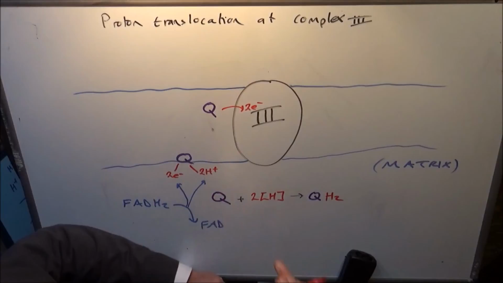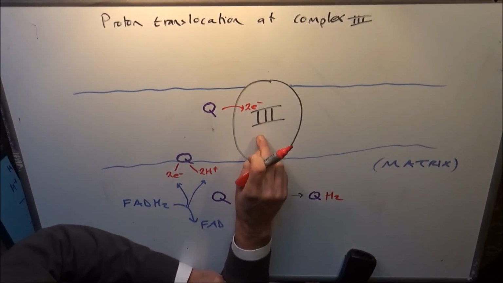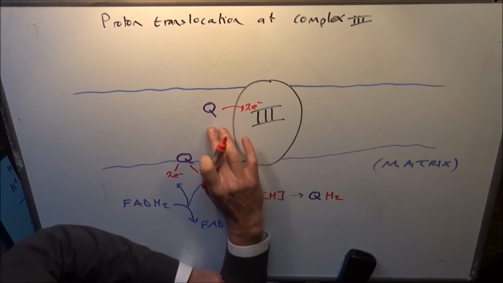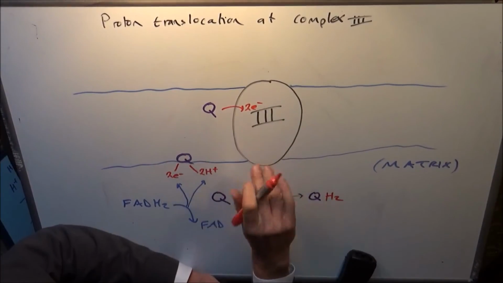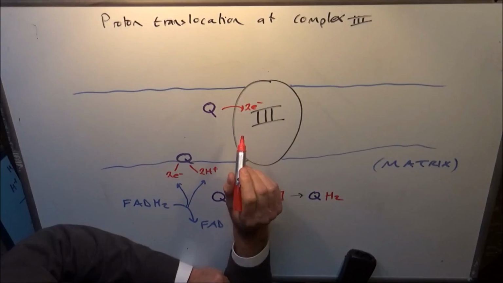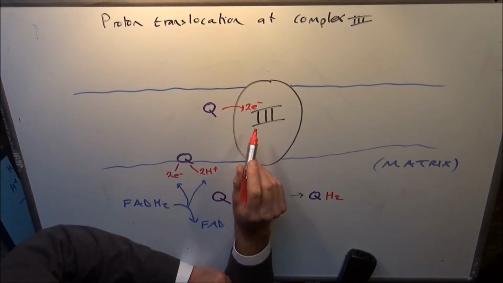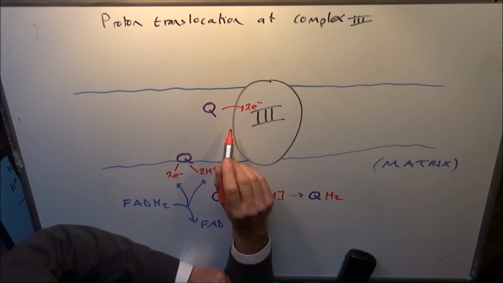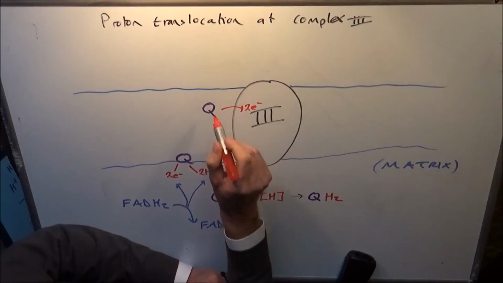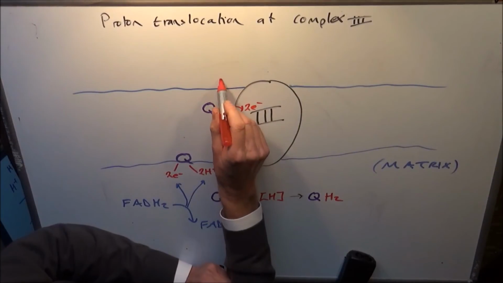It doesn't accept the protons because the initial acceptor in complex 3 is an iron. In fact, it happens twice and it has to go through various cycles, but basically iron can only accept Fe3+ going to Fe2+. It involves only electrons, no protons. So the electrons get loaded into complex 3, but the protons don't, so they then just release.